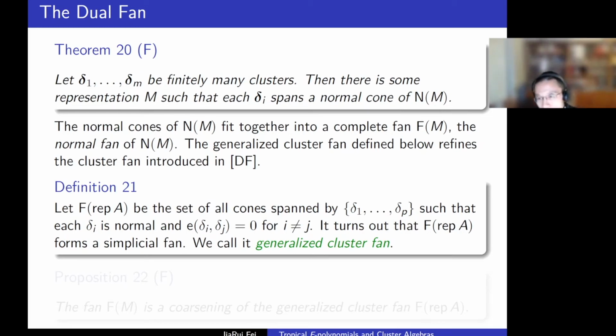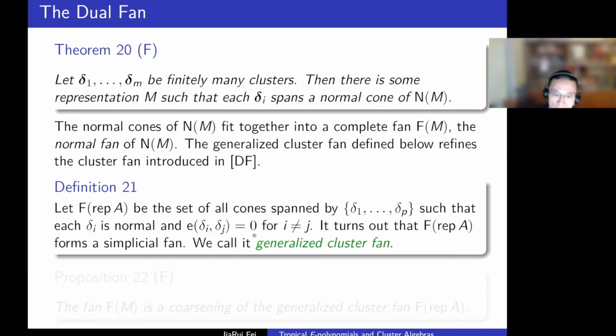Now I'm going to define a generalized version of the cluster fan. Recall for a cluster, the defining condition is like this, right? But there's some technical condition, like we ask those deltas to be negative reachable. For the generalized cluster fan, I don't require those deltas to be negative reachable.